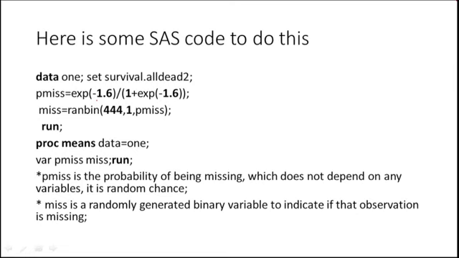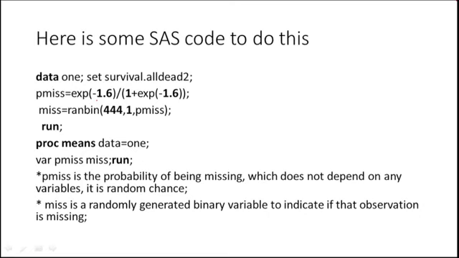So it has nothing to do with anything. And then I generate a missing value indicator, which is a random binomial observation, a 0-1 observation with that probability. And then I take the means of our data set to take a look at those data.